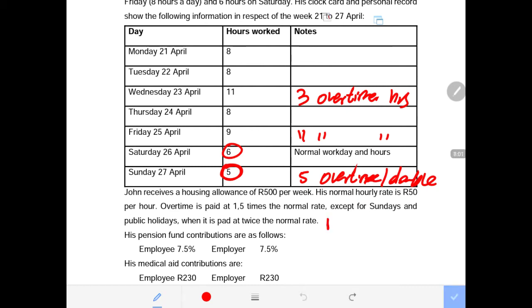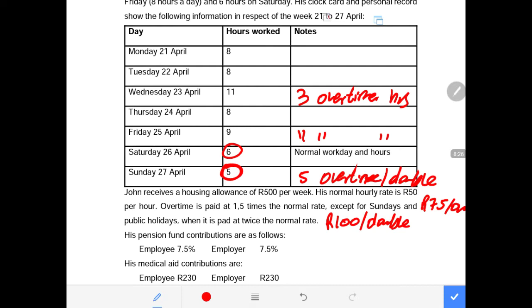So on Sunday this employee will be paid twice that, but on any normal overtime the employee will be paid 75 rand, which is 1.5 times. So we are very clear that this will be normal overtime, and this will be double pay. We normally say double pay is on Sundays and public holidays.